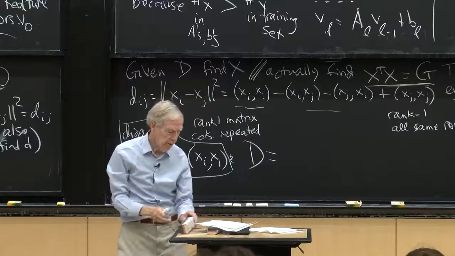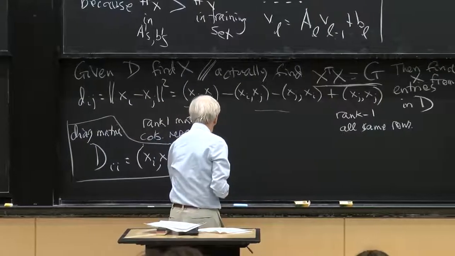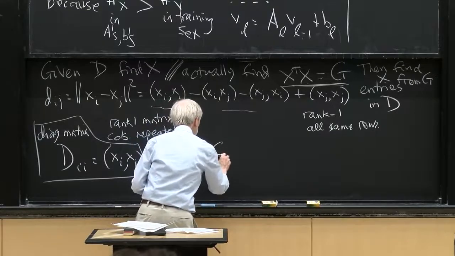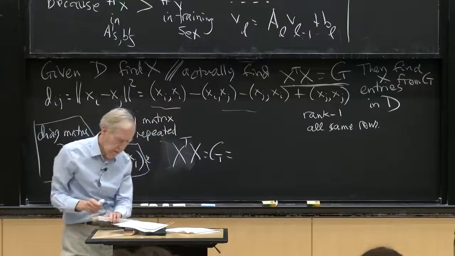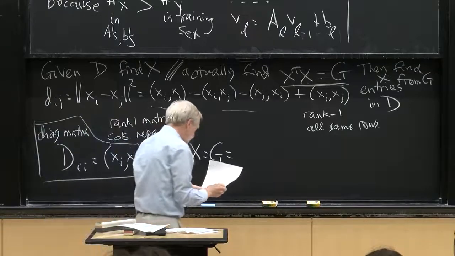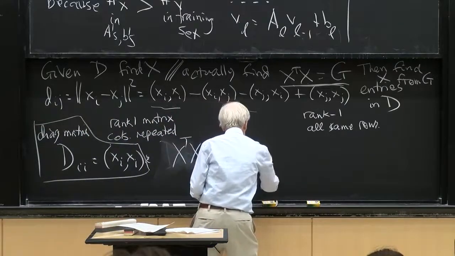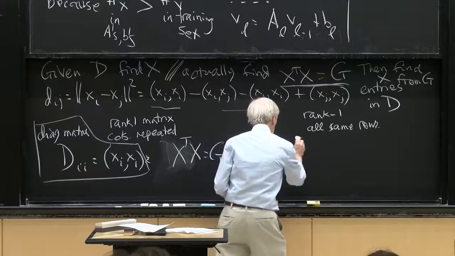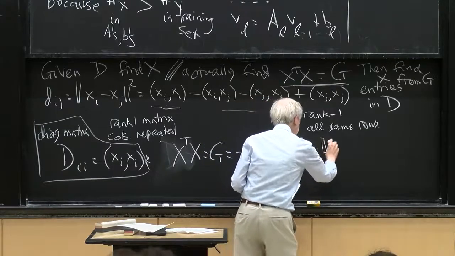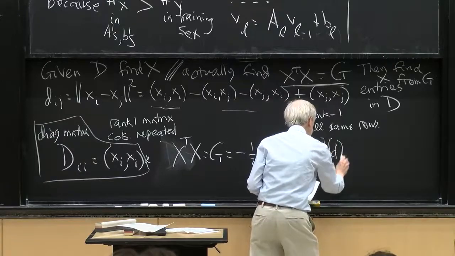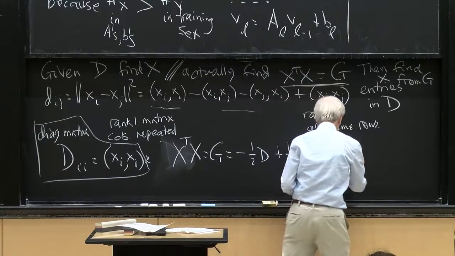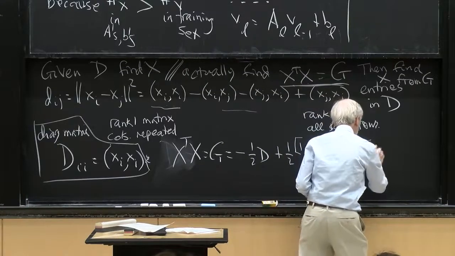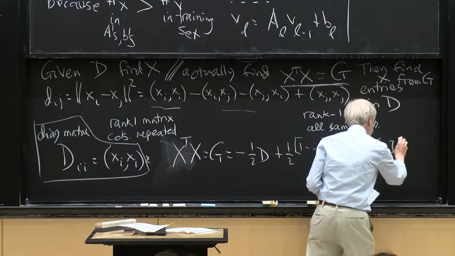Okay, let me make space for that equation. I believe that we can get the dot product matrix, which I'm calling G, as, according to this, minus a half of the D matrix plus a half of the 1s times the diagonal D, and it's plus a half of the D times the 1s.